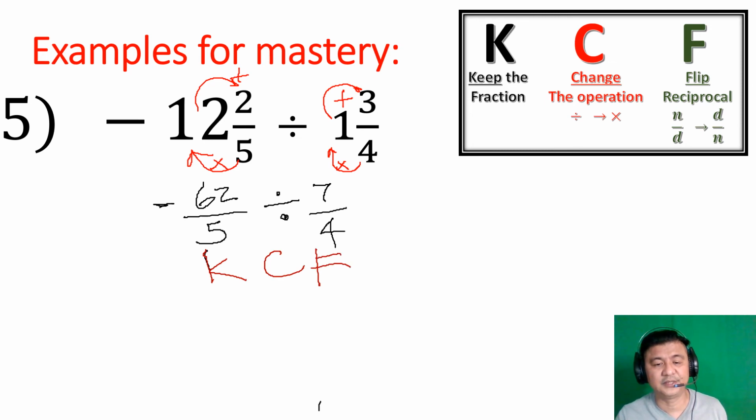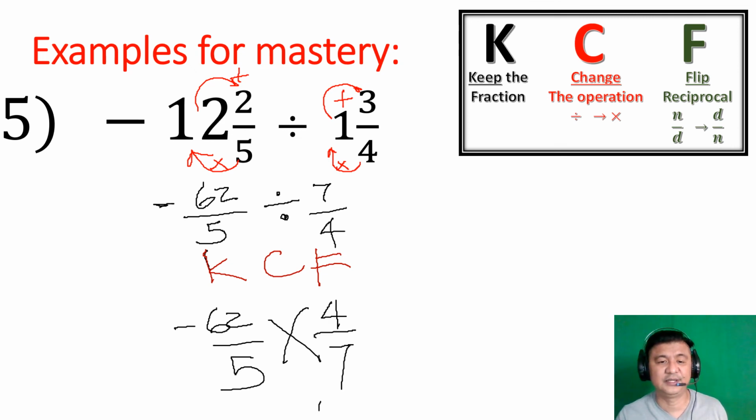So let's keep my negative 62 over 5. I change my division to multiplication. I flip you now as 4 over 7. Any problem with that? We're good so far.